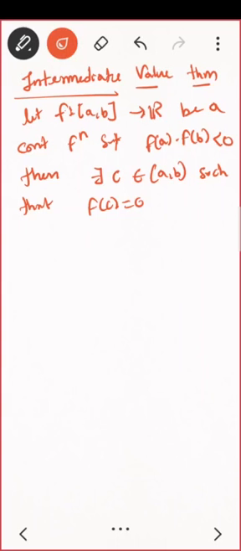F of a into f of b is negative, so product of two numbers will be negative. When will the product of f of a and f of b be negative?